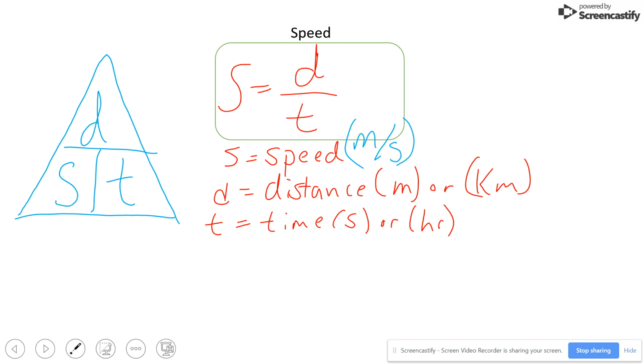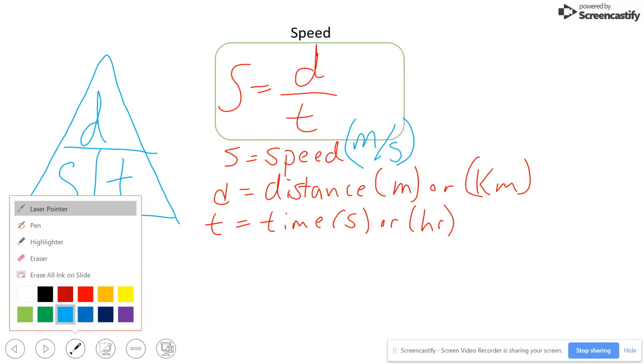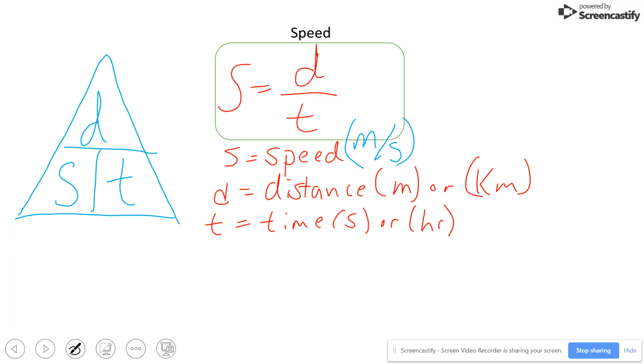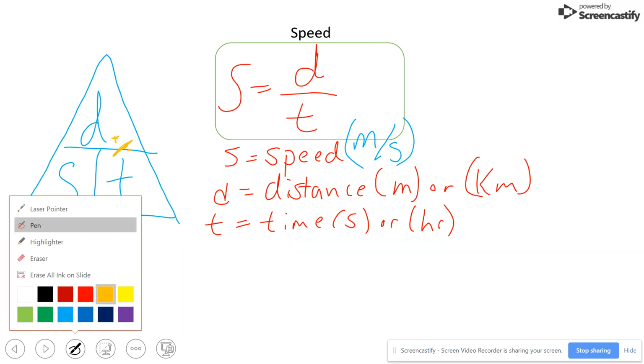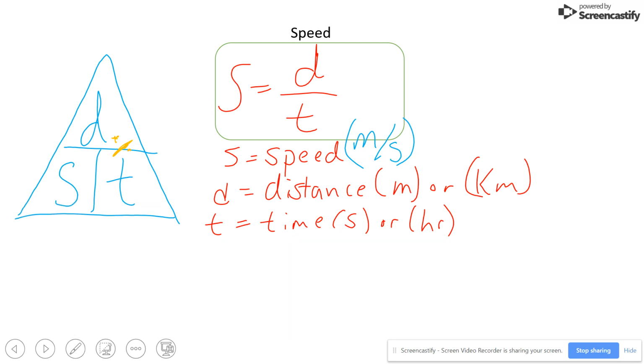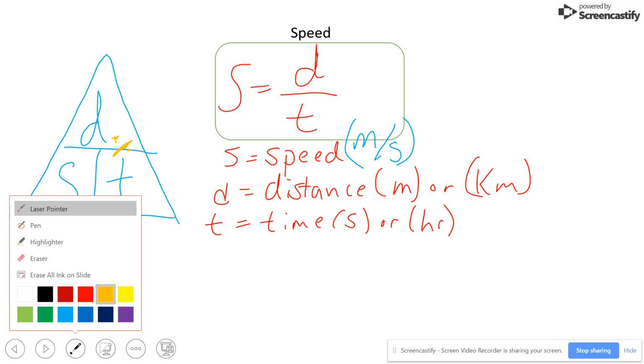The way that you're going to use this is, let's say, for instance, I'm looking for speed. I would cover this up with my hand. And what I'm left with is d over top of t. And in math class, if you have one thing over top of the other, you're going to divide. Same with time: if I wanted to find time, I would cover that up.